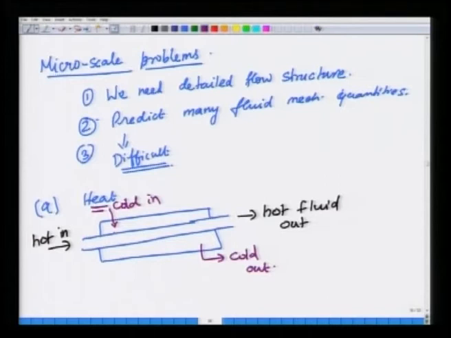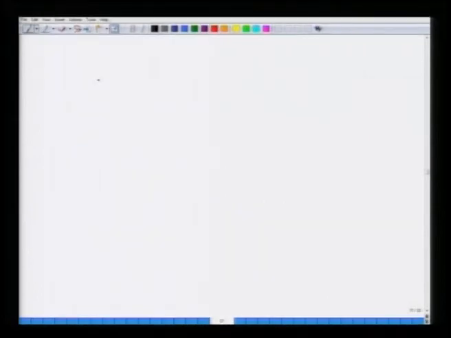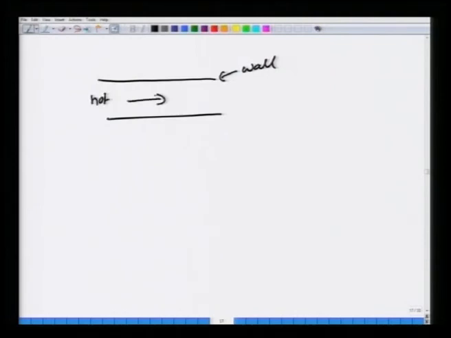Okay. Suppose you want to do this heat transfer in a process industry. Let us take a look at this. This is the wall of the tube, this is the tube, okay. This is the hot fluid that is flowing in, and cold fluid is flowing, let us say, like this. Now, how heat transfer happens between these two phases depends on the detailed nature of flow.